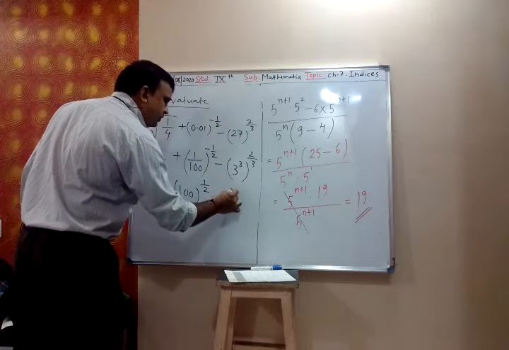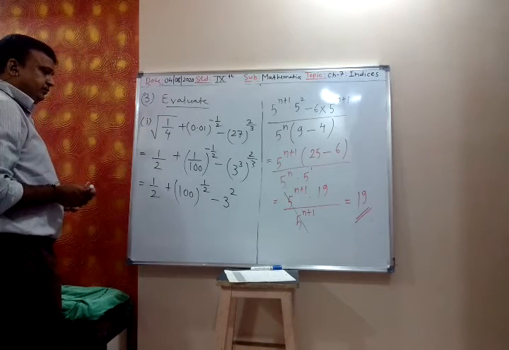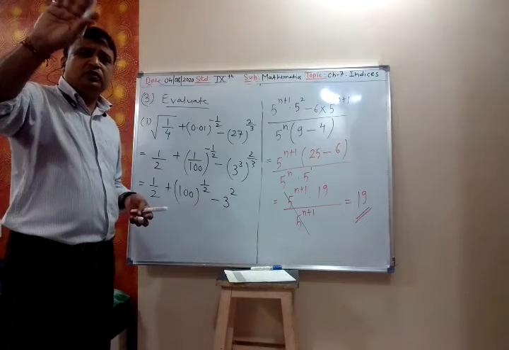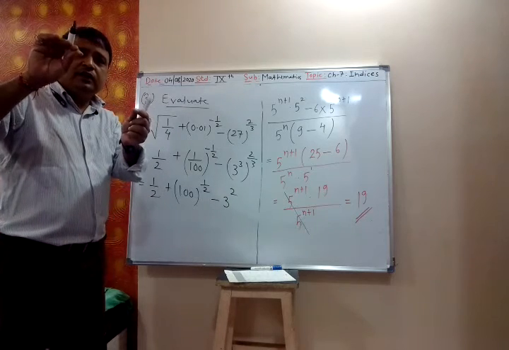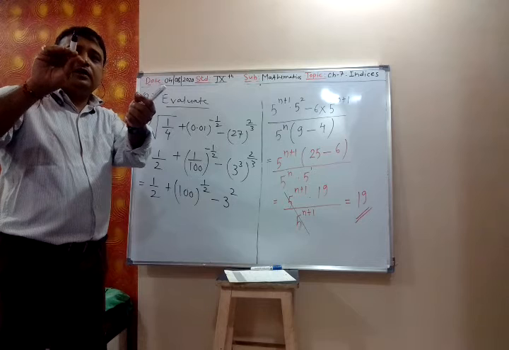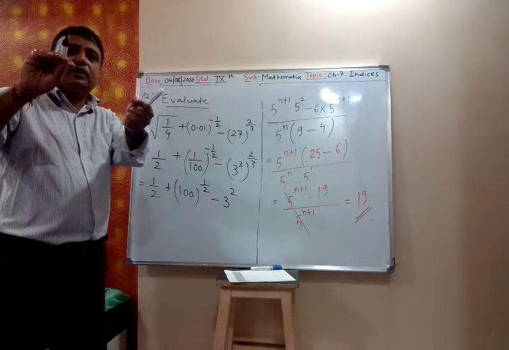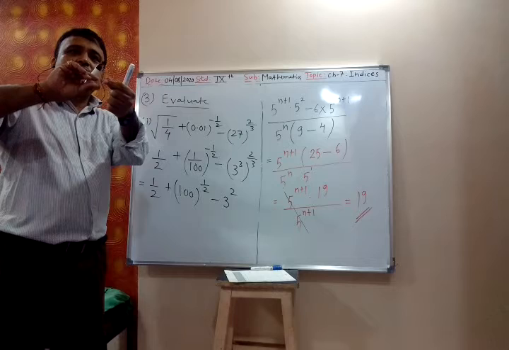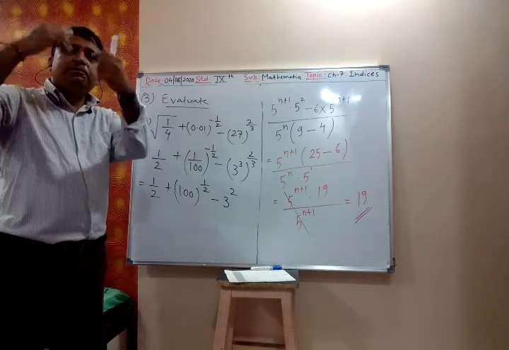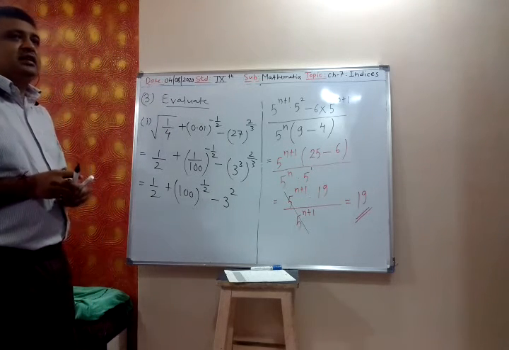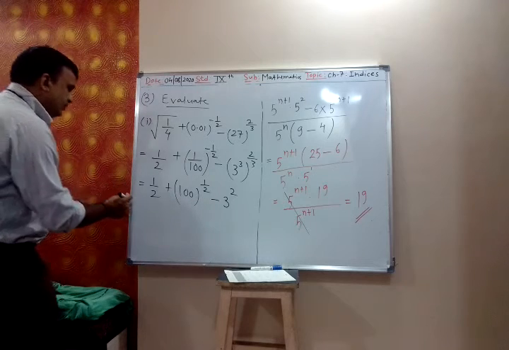What is left? 2. Only we take the reciprocal of the number inside. We don't take the reciprocal of the power. We just interchange the numerator and denominator. The power becomes positive. We only change the sign of the power.